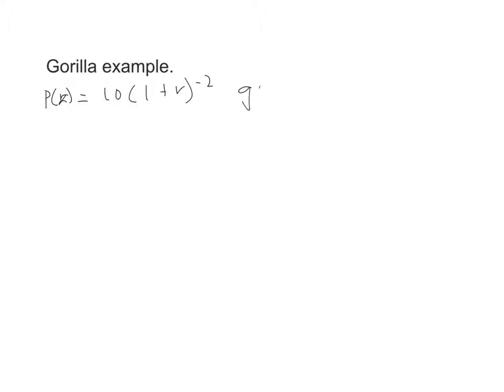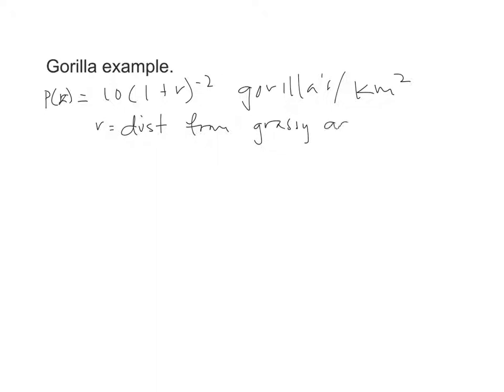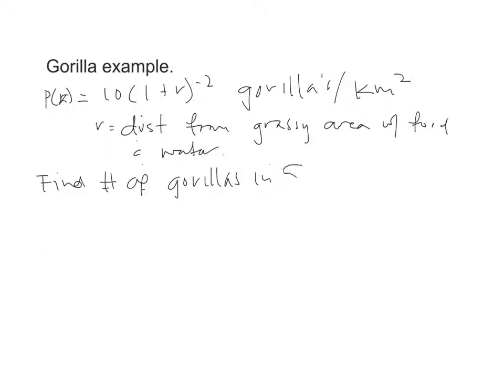That's the number of gorillas per square kilometer, and r is the distance from the grassy area with food and water. We want to find the number of gorillas in a 5 kilometer area.